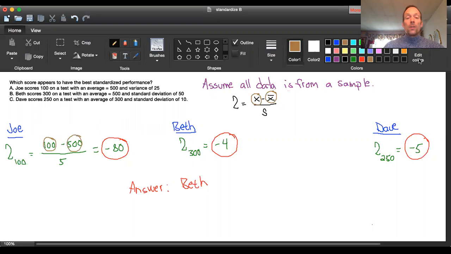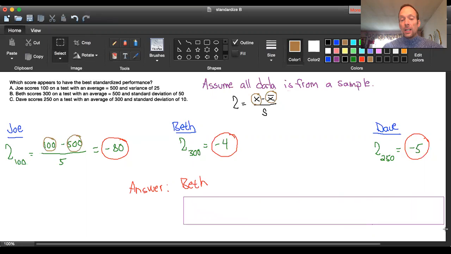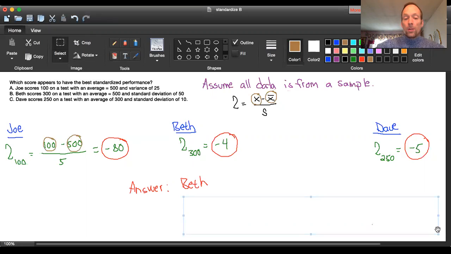So a little bit of notes here to help us recap, to know what to do when we get z-scores that are all kinds of different values, positive, negative, and so on. Let's put in a few takeaways.